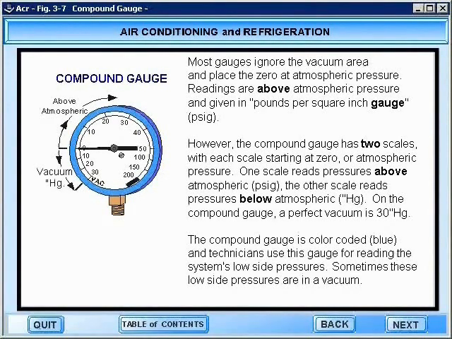One scale reads pressures above atmospheric, or PSIG. The other scale reads pressures below atmospheric in inches of mercury. On the compound gauge, a perfect vacuum is 30 inches of mercury. The compound gauge is color-coded blue, and technicians use this gauge for reading the system's low-side pressures. Sometimes these low-side pressures are in a vacuum.